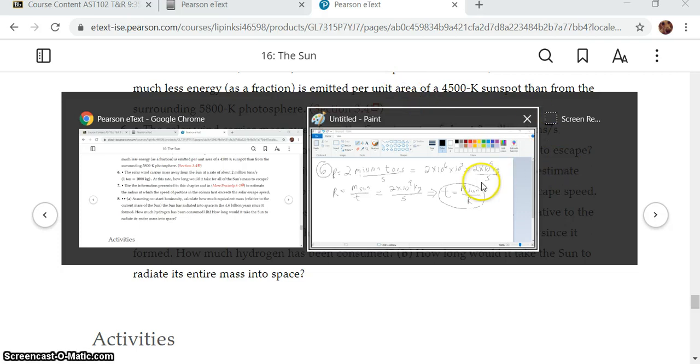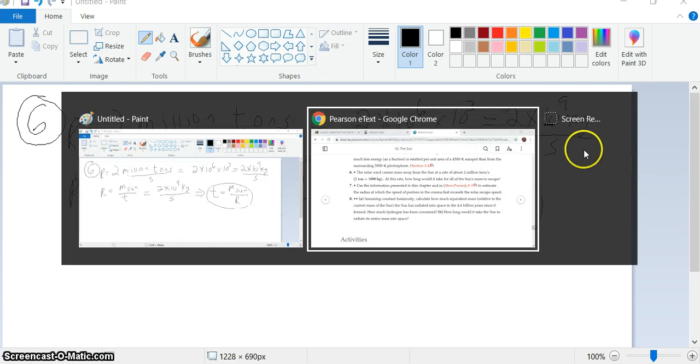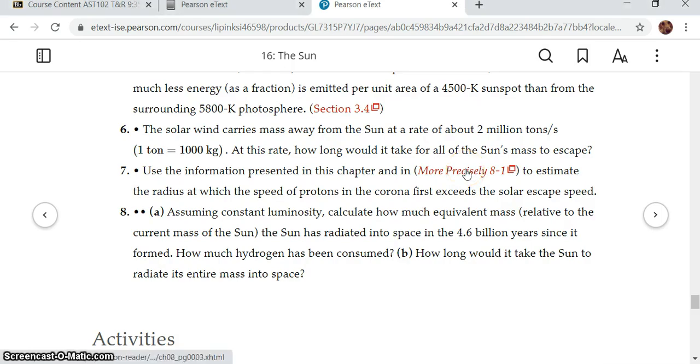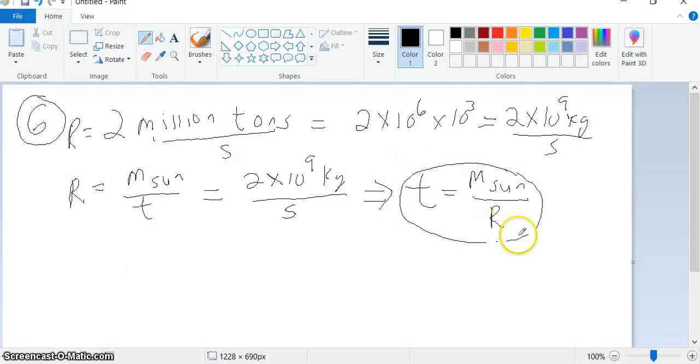Where is the screen thing? Alright, I'll have to see if I did that right. Let me switch this. Okay, hopefully you're seeing this. So here it is, I set this up right here.